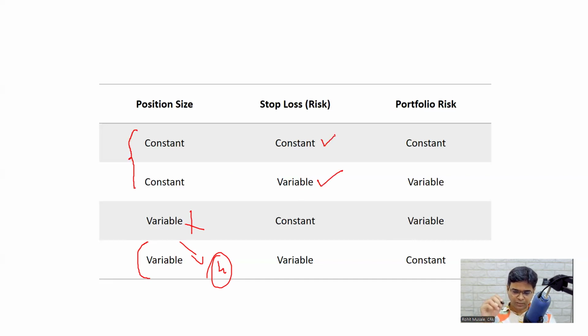Here your overall worst case scenario is something which you can control with your position size. Okay. So these two systems are very good for proper risk management in a choppy market. This system is very good for pushing the accelerator in a very good market. Okay, because this system will force you to put a large position size when the base is becoming tighter and tighter. And the tighter the base becomes, the better is the setup, and the better the setup, the more money you're likely to make.